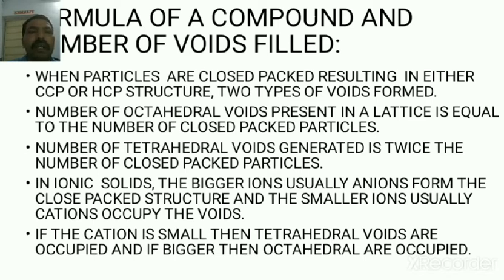The number of octahedral voids present in a lattice is equal to the number of close packed particles, and the number of tetrahedral voids generated is twice the number of close packed particles. In an ionic solid, the bigger ions, usually anions, form the close packed structure, and the smaller ions, usually cations, occupy the voids. If the cation is small, then the tetrahedral voids are occupied, and if the cation is bigger, then the octahedral voids are occupied.